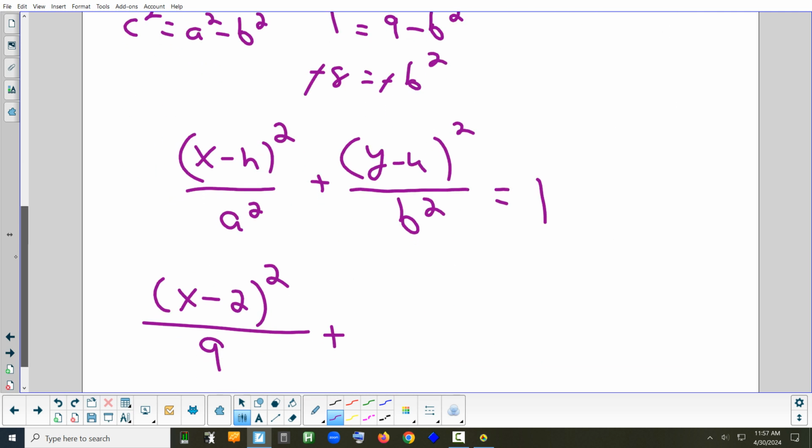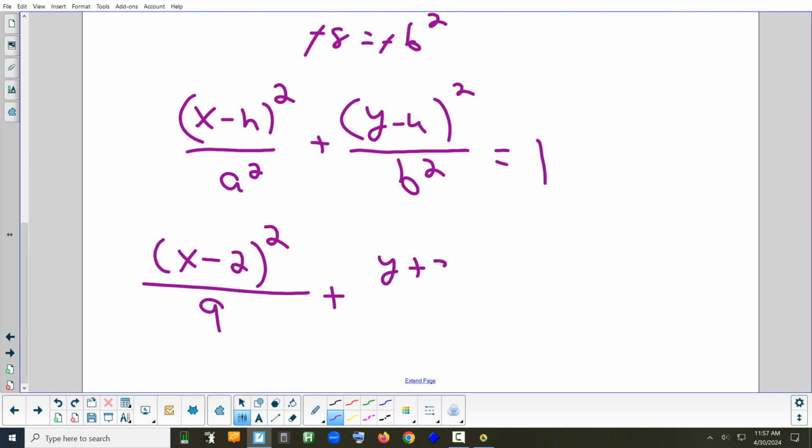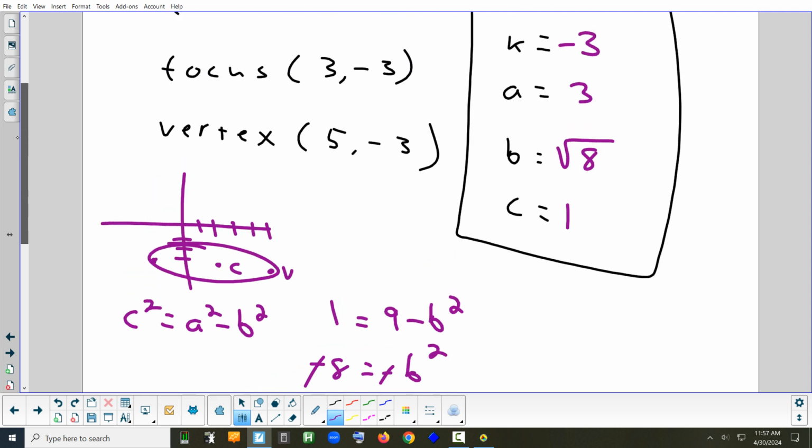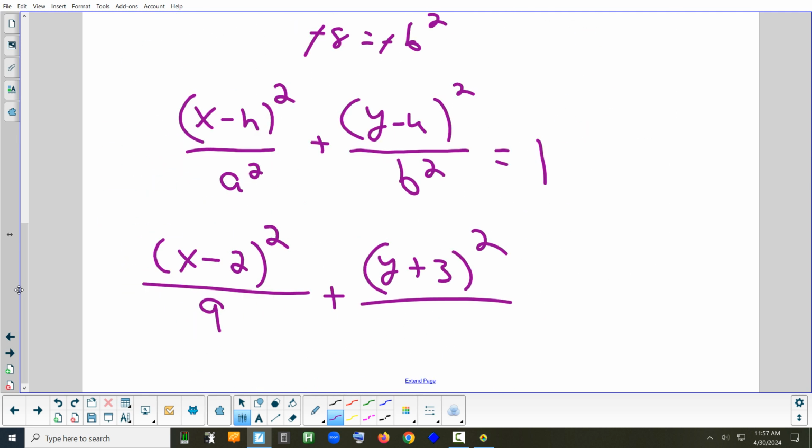So y plus 3, squared. Denominator there is going to be 8, because we can ignore the square and the square root, leaving 8. So this is close to a circle. They're almost the same number. It's just going to be barely an ellipse, but it's still going to be a little bit of an ellipse. And last thing, equals 1.